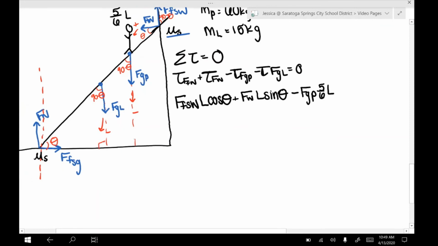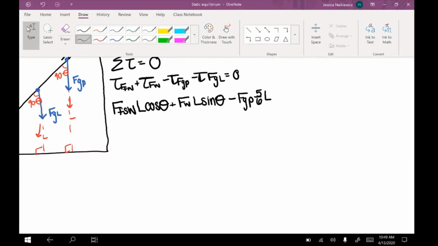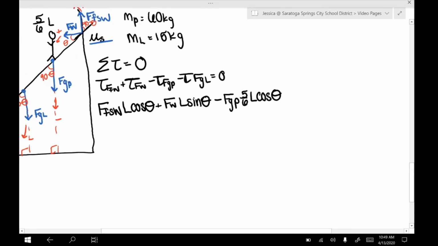And if these angles are 90 and this bottom base angle here is theta, then these have to be 90 minus theta. Okay, so both FGs also need to use cosine of theta, since the sine of 90 minus theta is the same thing as the cosine of theta. So minus force of gravity of the ladder, L over 2 cosine theta is 0.